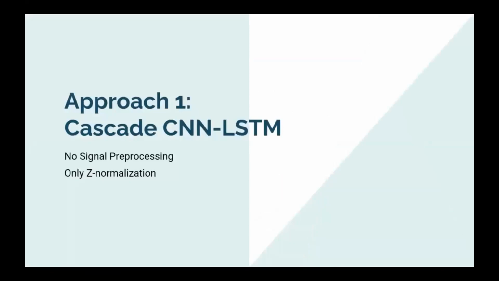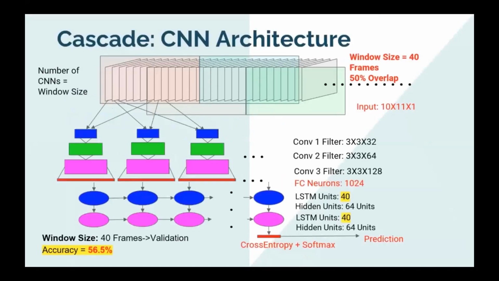Let's start with our first approach, which is the Cascade CNN LSTM model. The signal, which is in the form of 64 channels, is converted to a 2D mesh by placing each signal in its spatial location, just as the electrodes are located on the subject's brain.